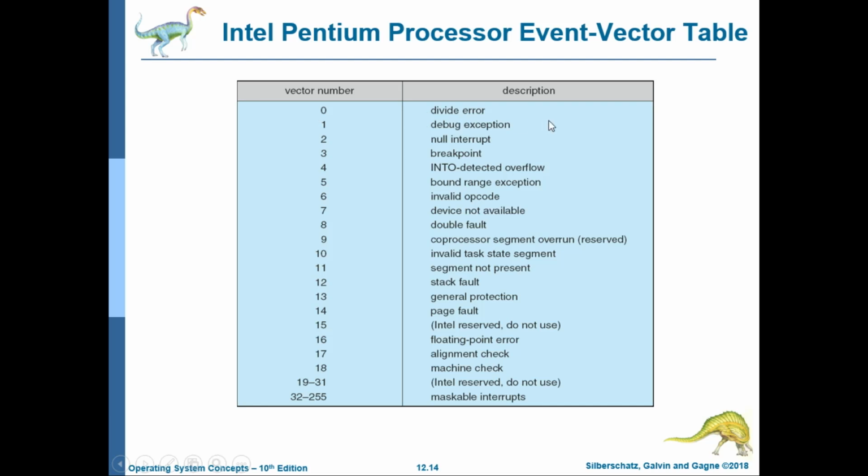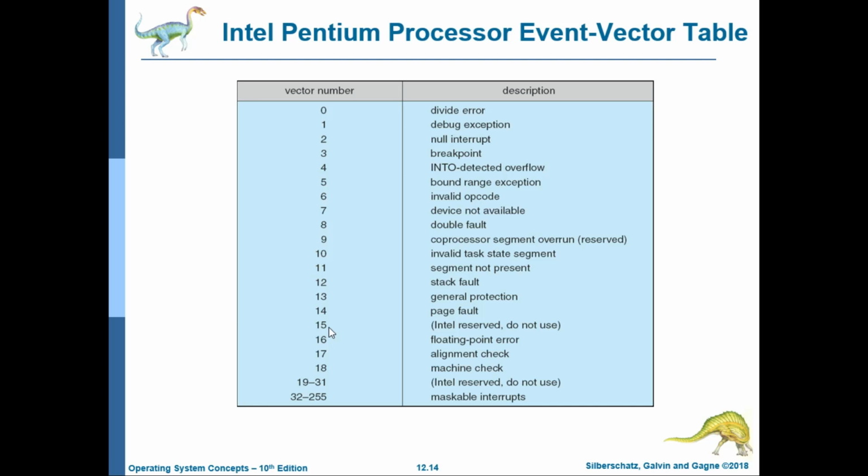And then there are debug exception, null interrupt, breakpoint, into detected overflow, bound range exception, invalid opcode, device not available, double fault, coprocessor segment overrun, and then invalid task state segment, segment not present, stack fault, general protection, page fault. Vector number 15 is Intel reserved. It is not used. And then 16 is floating point error. 17 is alignment check. 18 is machine check.